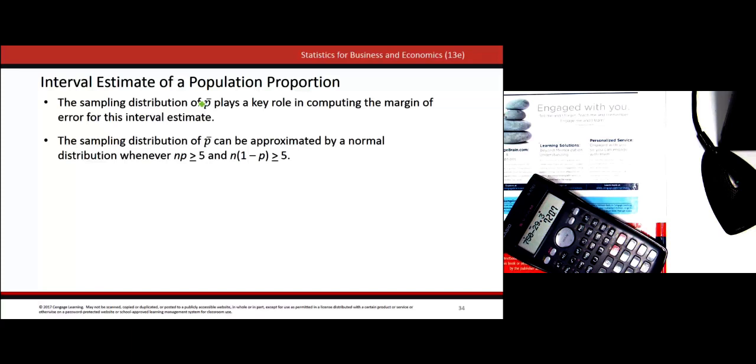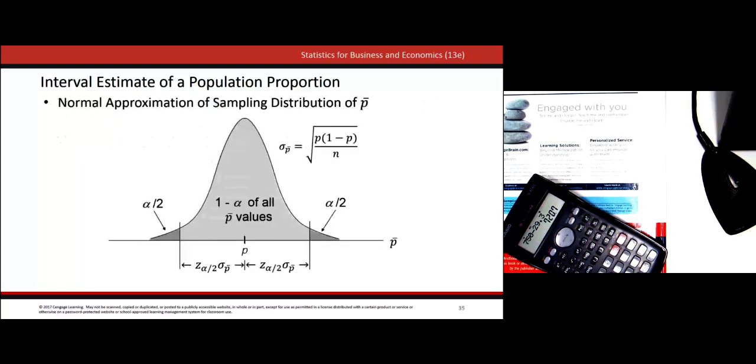So if n times p is larger than or equal to 5 and n times 1 minus p is larger than or equal to 5, we assume that the sampling distribution of p bar can be approximated by a normal distribution. We will only discuss this normal approximation case.